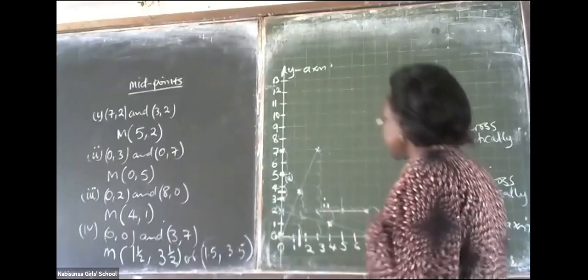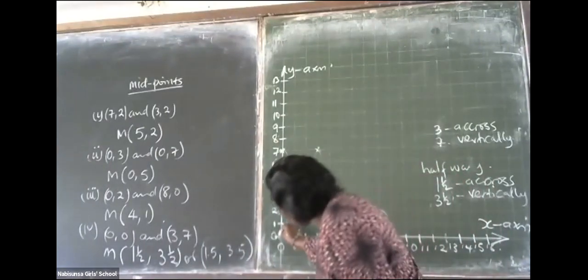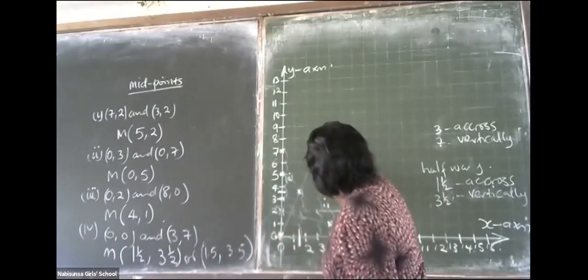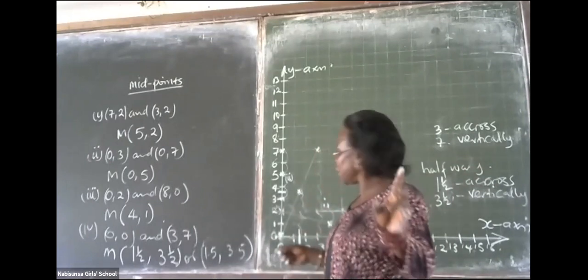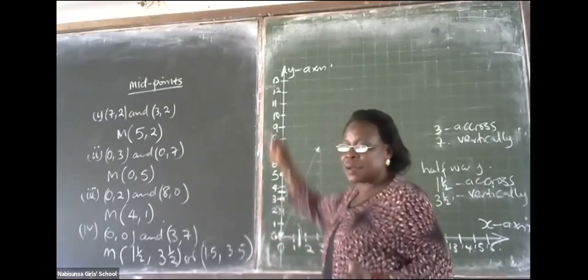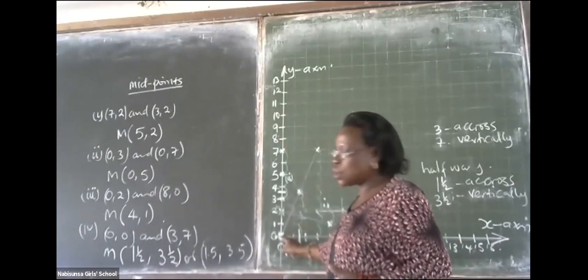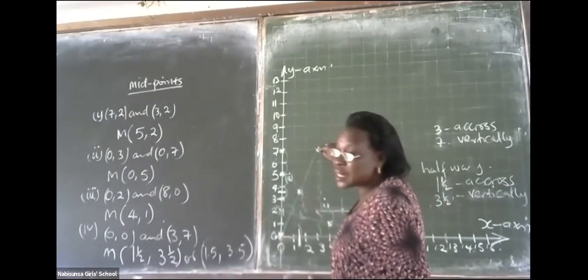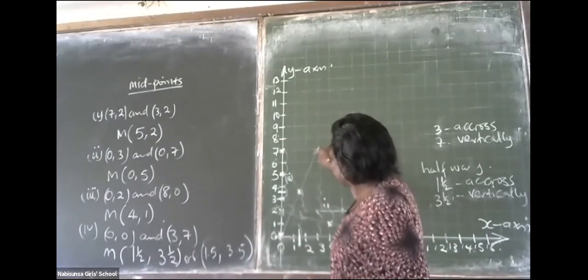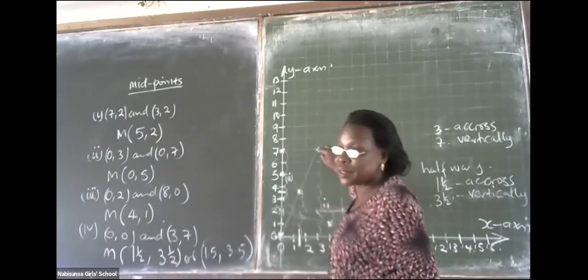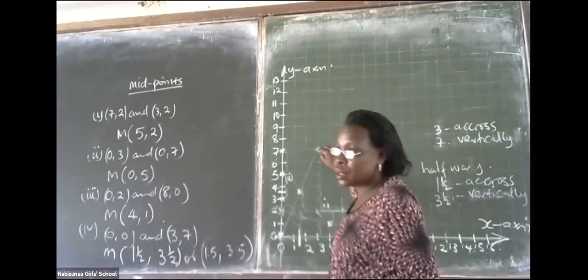Vertical. We are just counting. Starting point is here, the ending point is there. In the first place, we are plotting the end points of the line segment. One point was 0, 0. The second one was 3, 7. So after you have drawn them, join them with a straight line. Are you getting me? Yes.